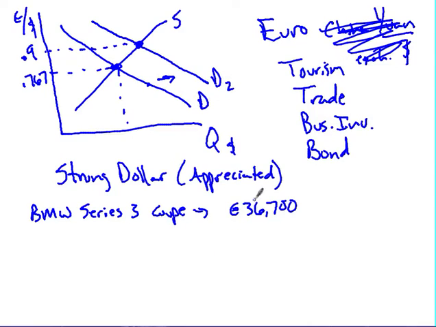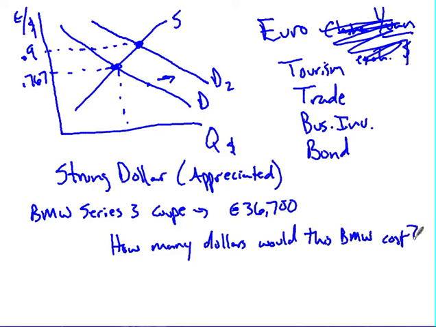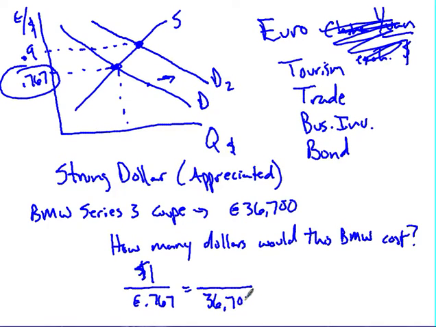And so the question is, how many dollars would this BMW cost? Originally, when we were at 0.767, we knew that $1 was equal to 0.767 euros, and we know that the price of this car is 36,700 euros.